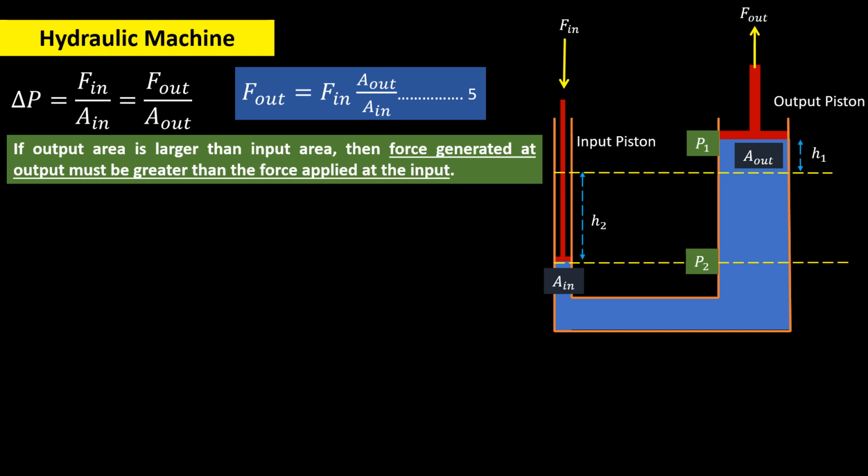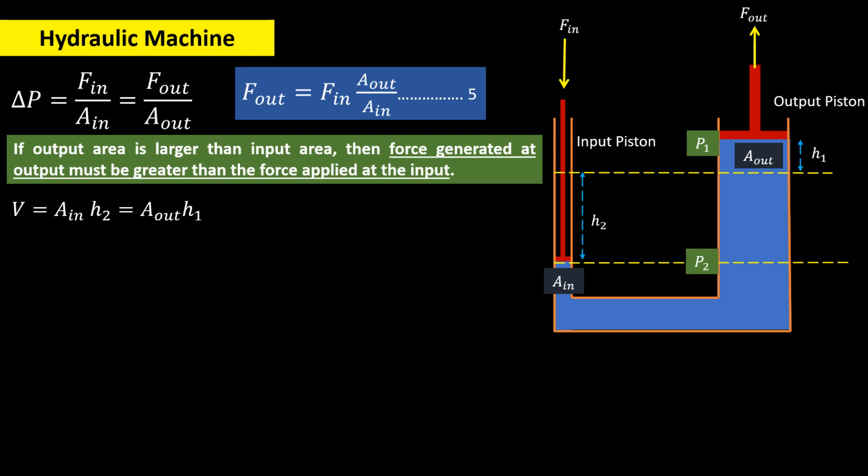And this gives us a very good point: if area at the output is greater than area at the input, which is the case here, then the force at the output will have to be greater, because the force at the input will have to be multiplied by a factor which is greater than 1. So if output area is larger than input area, then the force generated at the output must be greater than the force applied at the input.